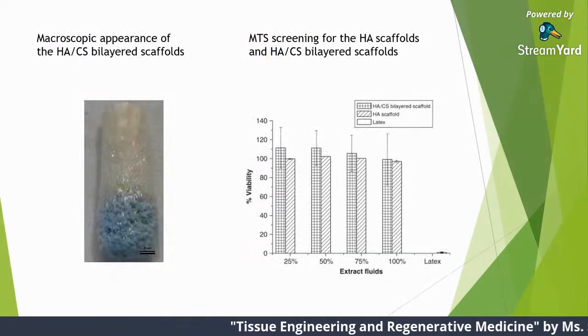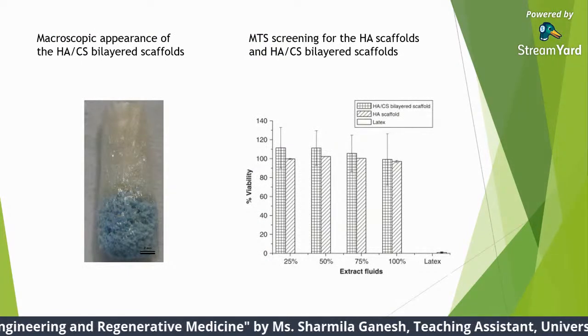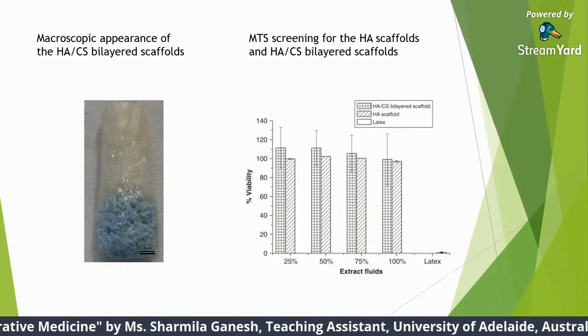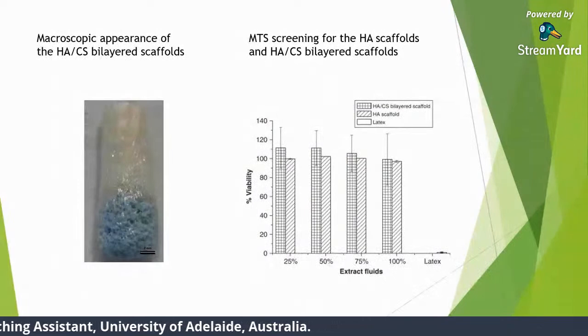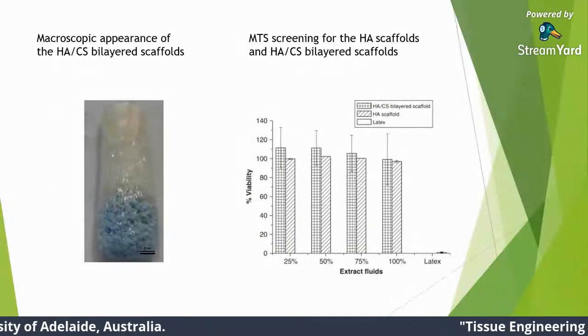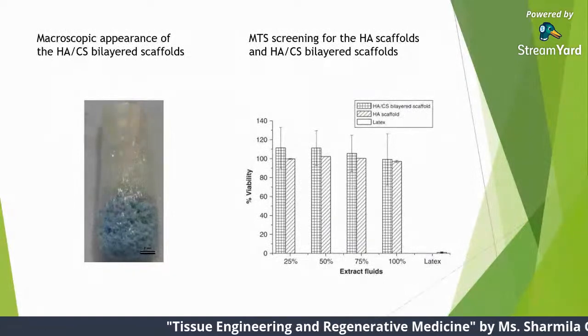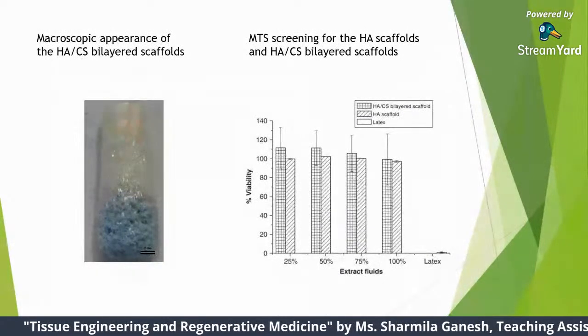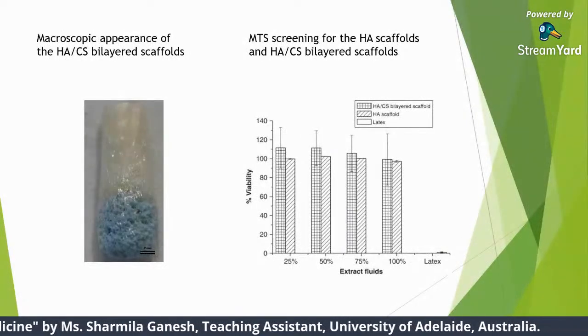The right-hand side picture is the macroscopic appearance of the hydroxyapatite and chitosan bilayered scaffold, and the left one is a pictorial representation of the significant effect of the combination of hydroxyapatite and chitosan bilayered scaffold compared with the normal scaffold with only hydroxyapatite.